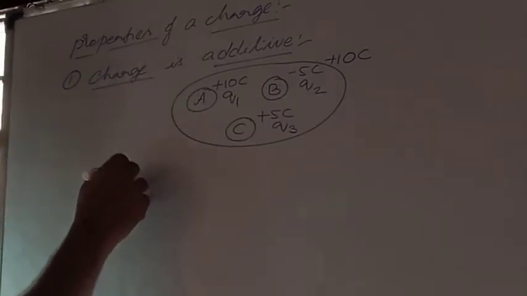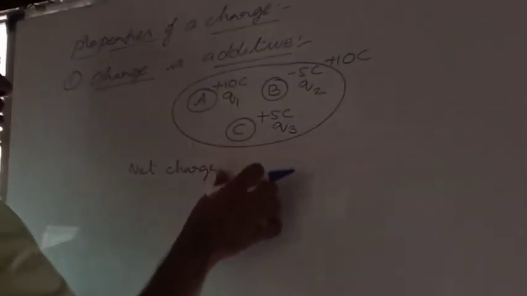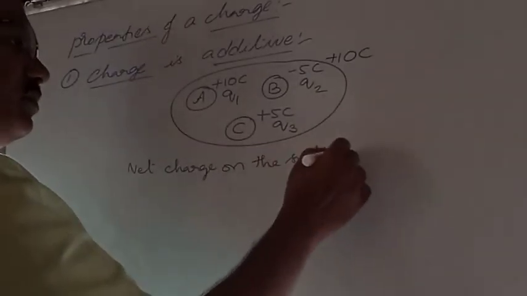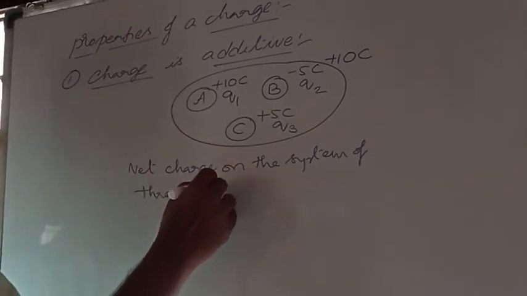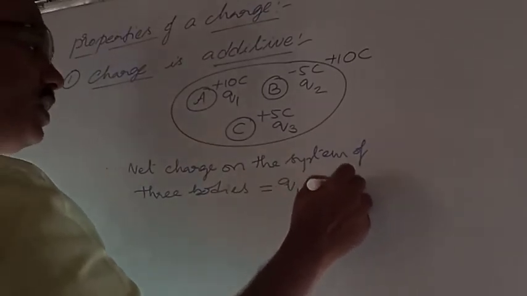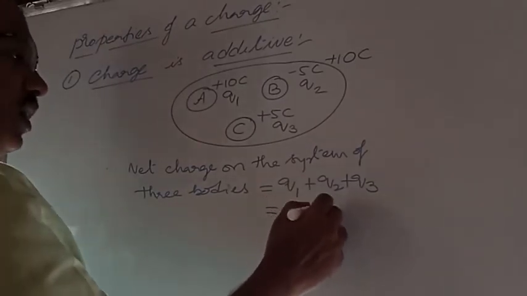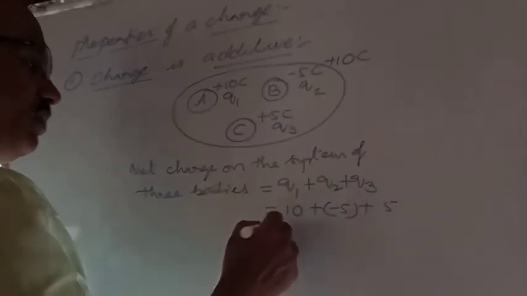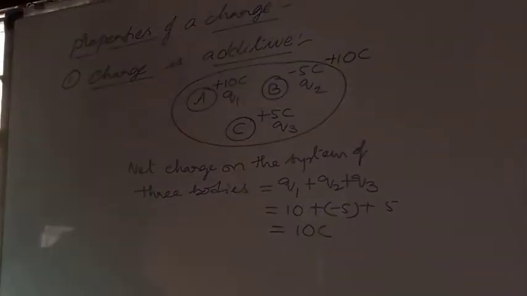Therefore the net charge on the system of three bodies is equal to Q1 plus Q2 plus Q3. Q1 is 10 coulombs, Q2 is minus 5 coulombs and Q3 is plus 5 coulombs. Therefore we get 10 coulombs. That is the total charge present on the system.